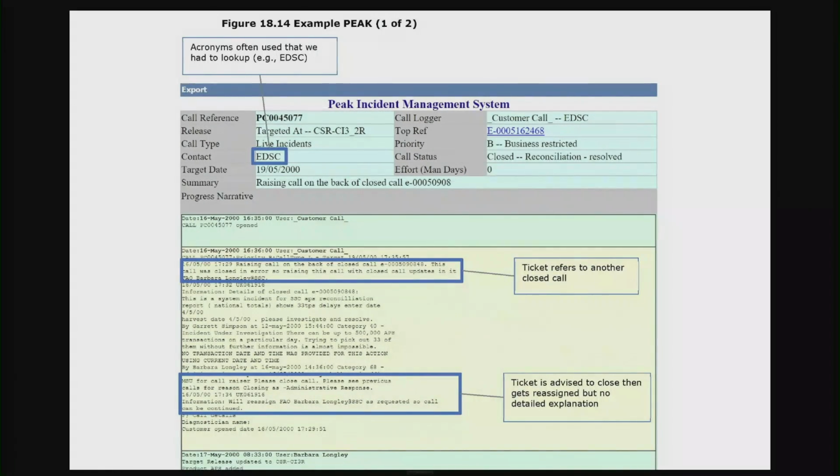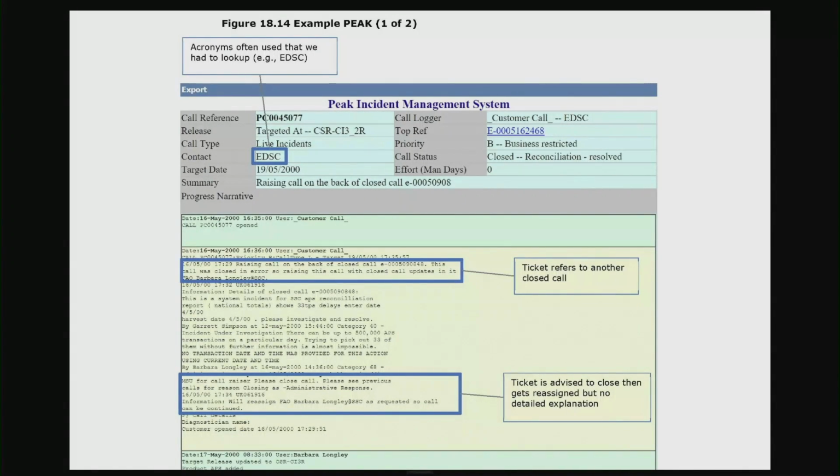You make the point in the box at the top there that when you were interpreting these peaks, as with the pinnacles, there were acronyms that you had to look up to find out what they meant. Yes. And then on the right-hand side? So on the right-hand side, the first call-out box talks about the ticket.